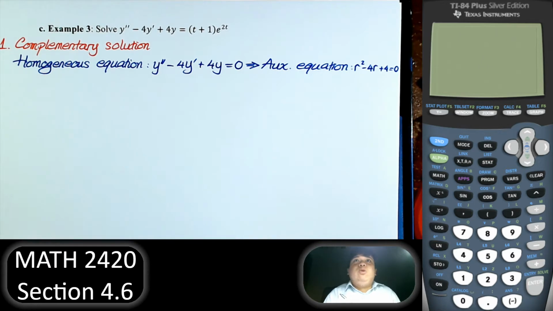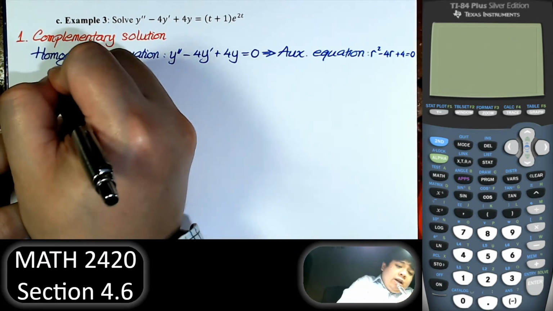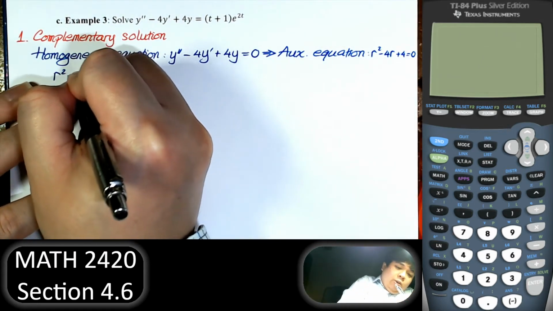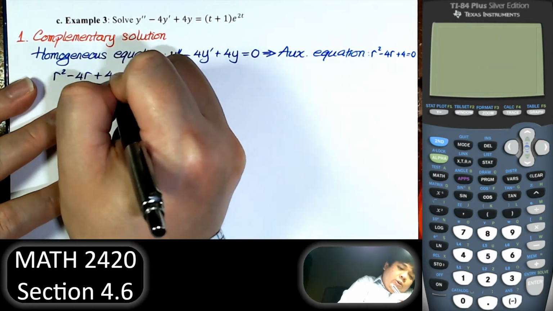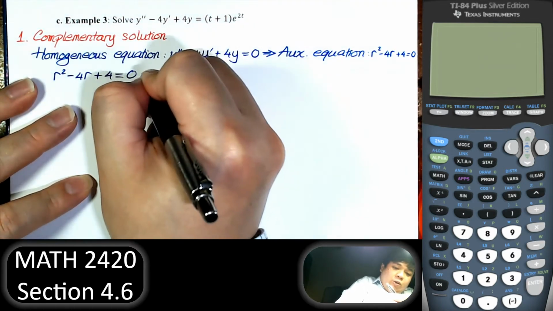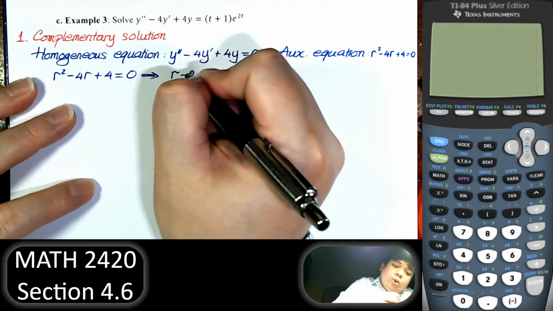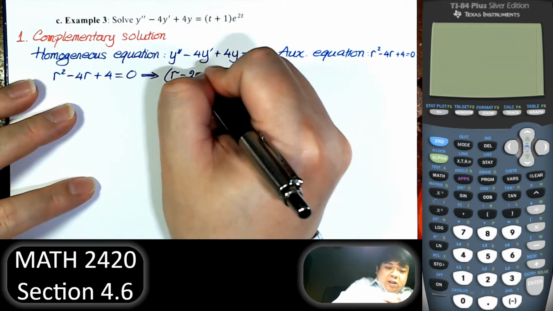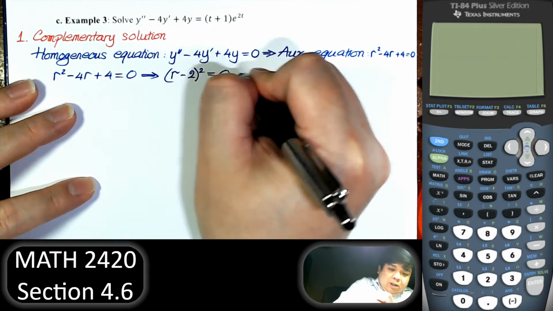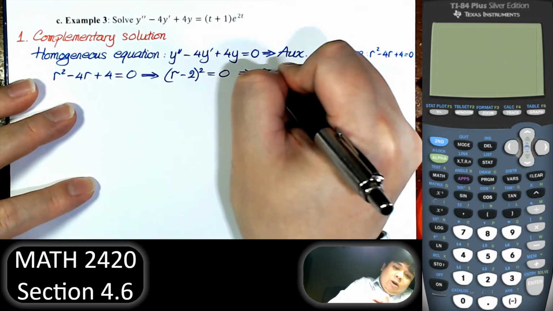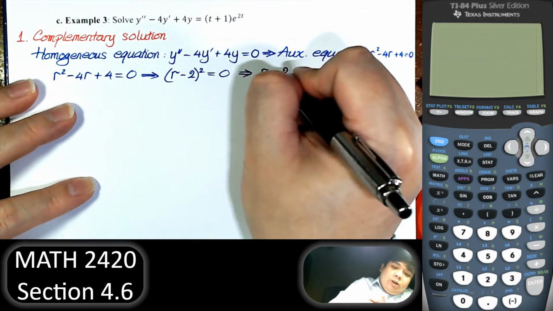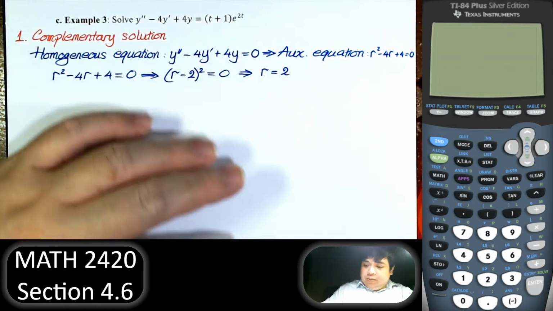Sorry, kind of small. Right, r squared minus 4r plus 4 equal to 0. If we solve for that, the factor would be r minus 2 times r minus 2. So r equal to 2, this is a double root.